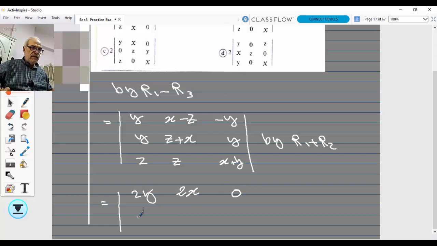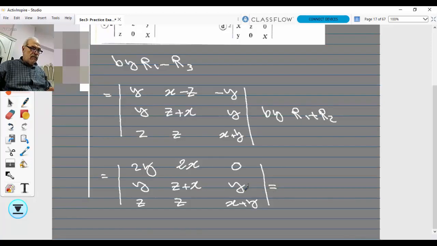And we write the second and the third rows: y, z plus x, y, here is z, z, x plus y. And we can take the number 2 as a common factor from the first row.